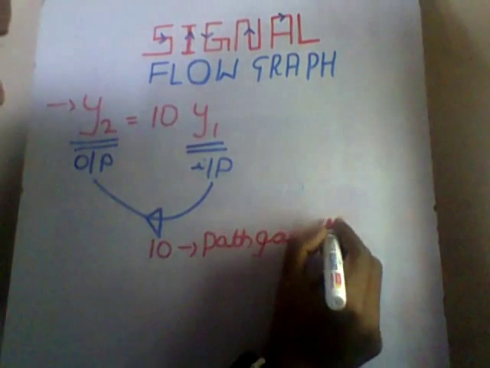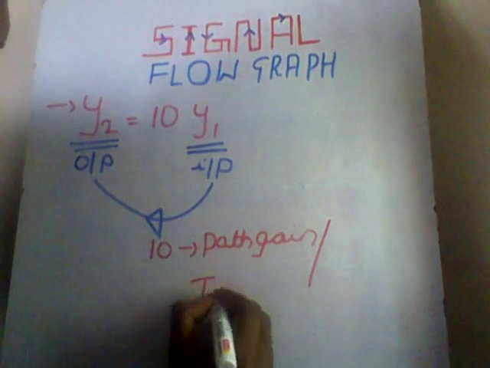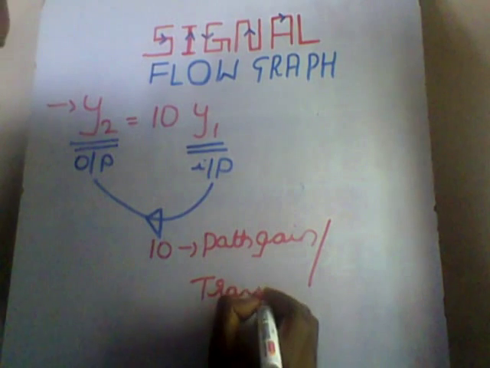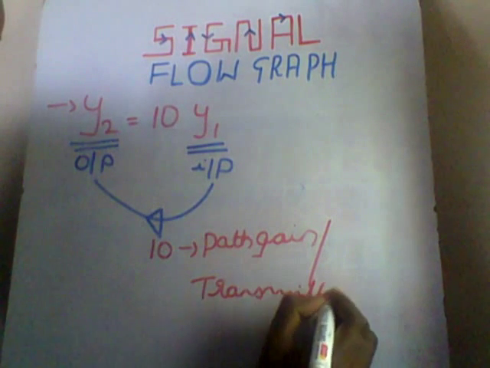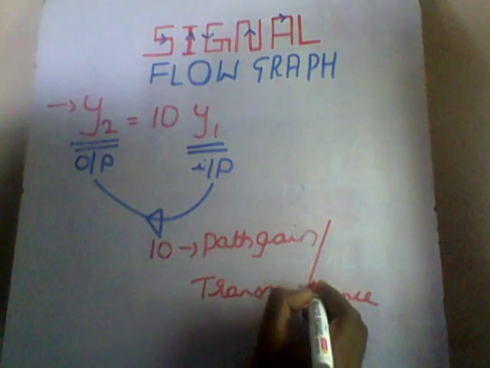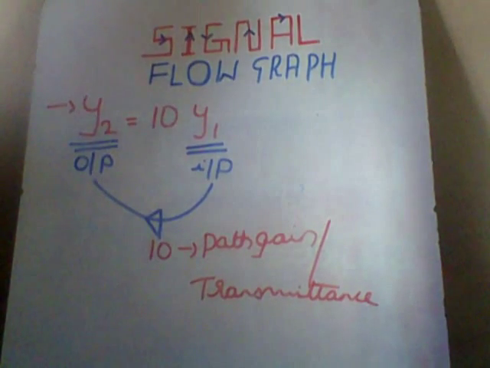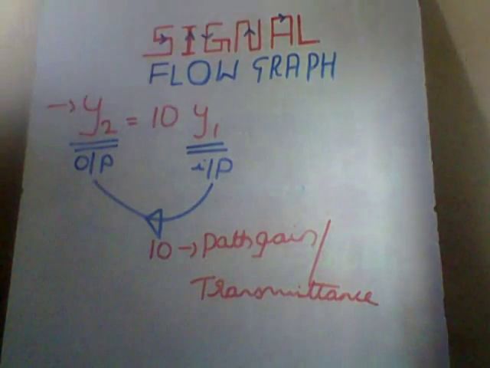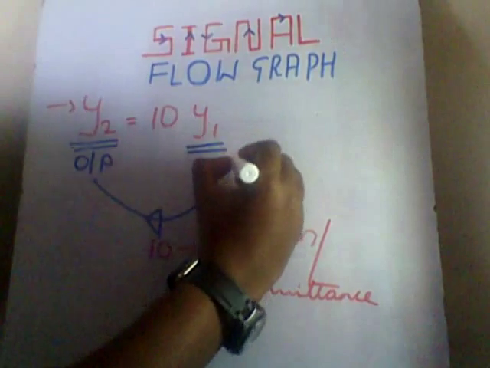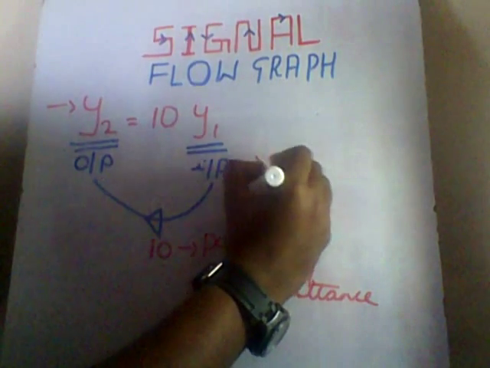It is called path gain or transmittance. And y1 is also called a source.